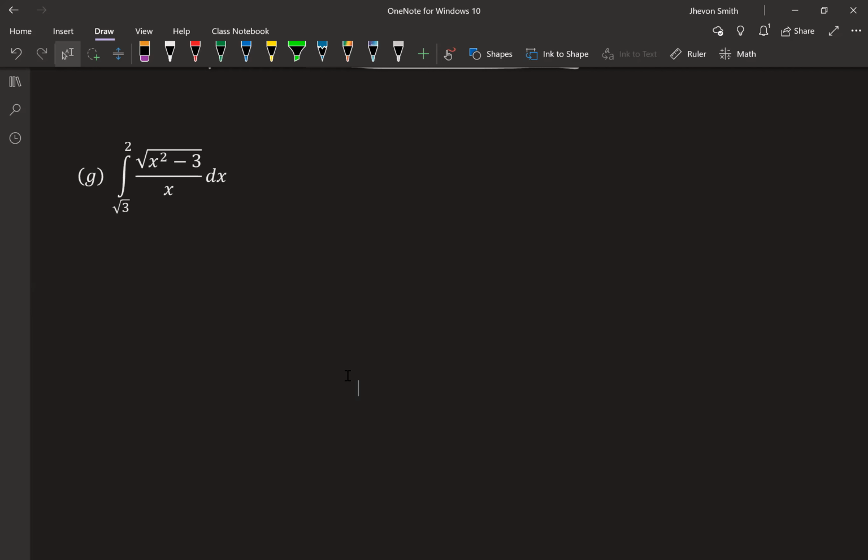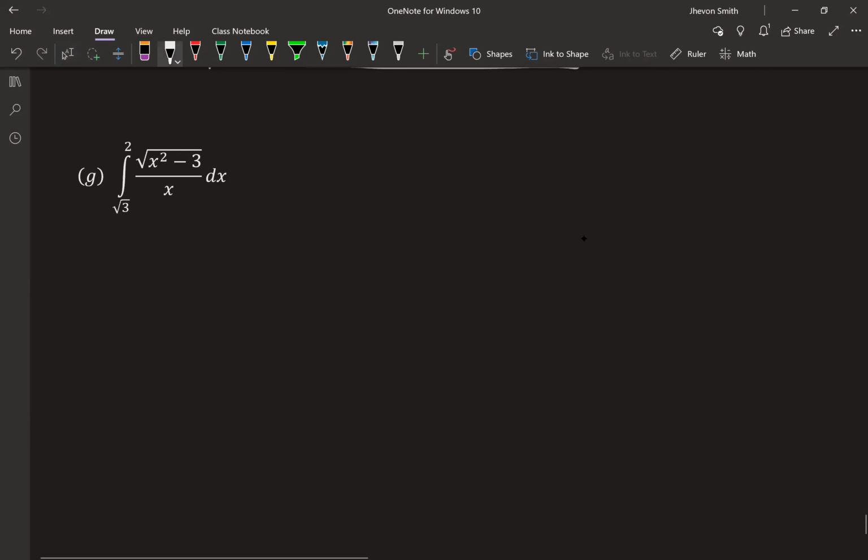So the trig function we're looking for here is a secant. Every time you're doing a trig substitution for a definite integral, you definitely want to change the bounds.